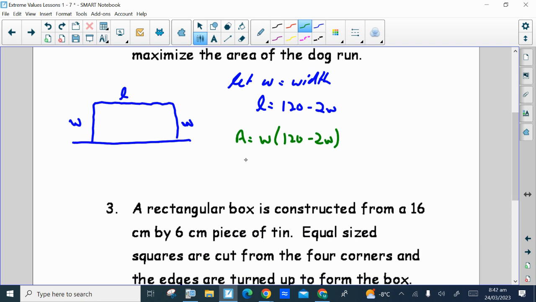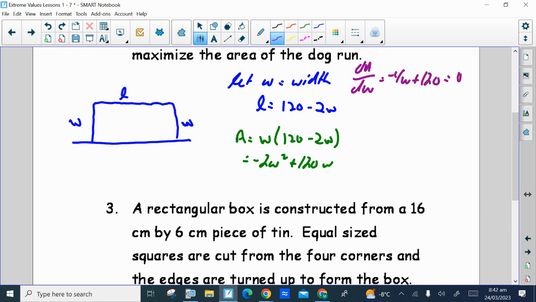So in this case, that'll be negative 2W squared plus 120W. So there's our expression that we're going to differentiate. So dA by dW will be negative 4W plus 120.